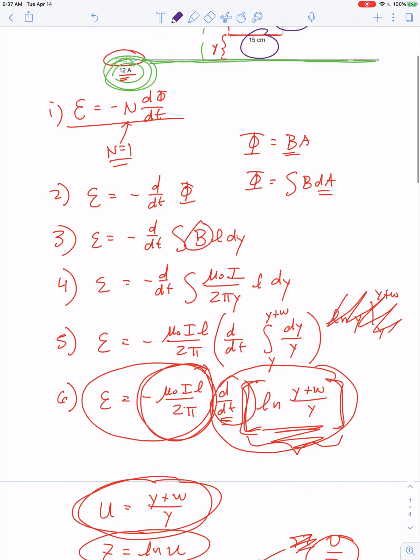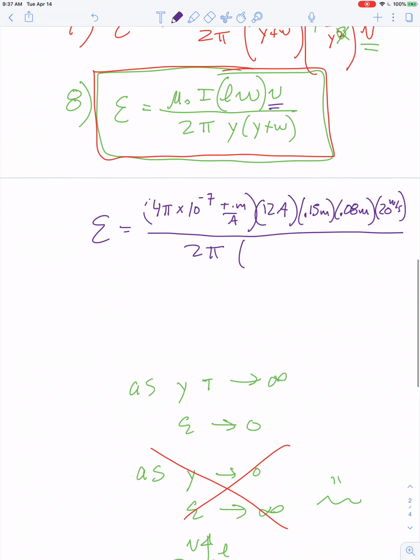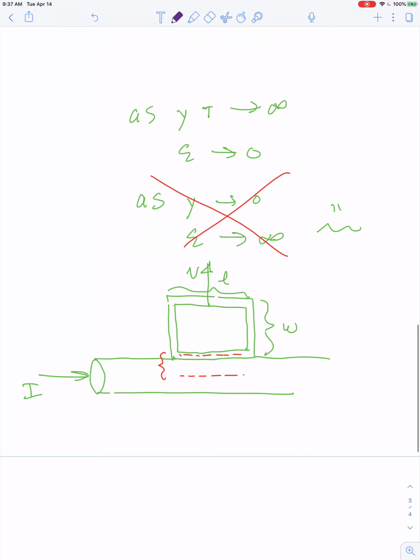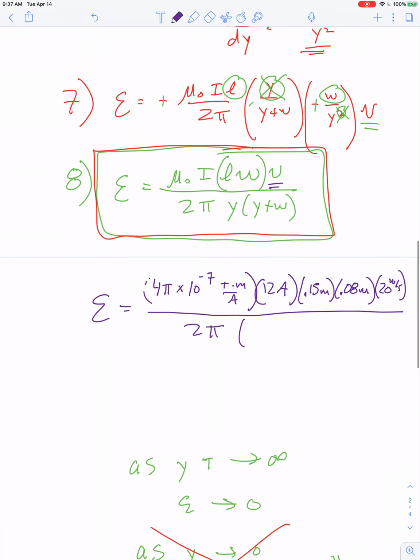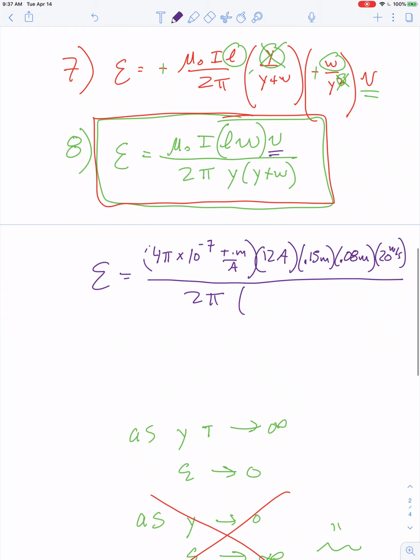Well, I'm not sure we can complete this problem unless we were given exactly what is the radius or diameter of this piece of wire and what's the diameter for this piece of wire. So 2 pi y times y plus 0.08.